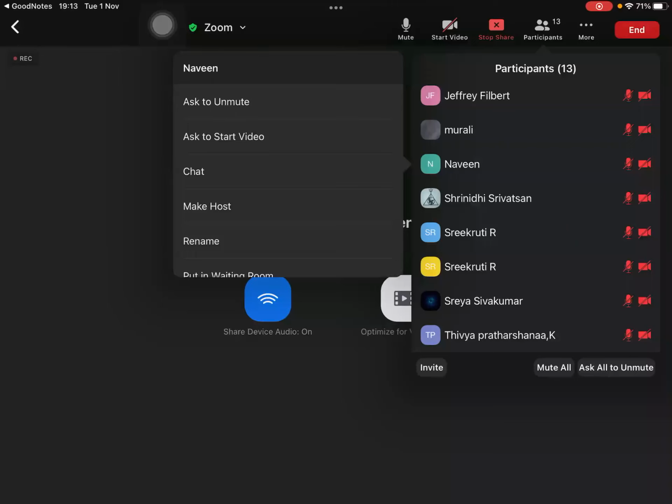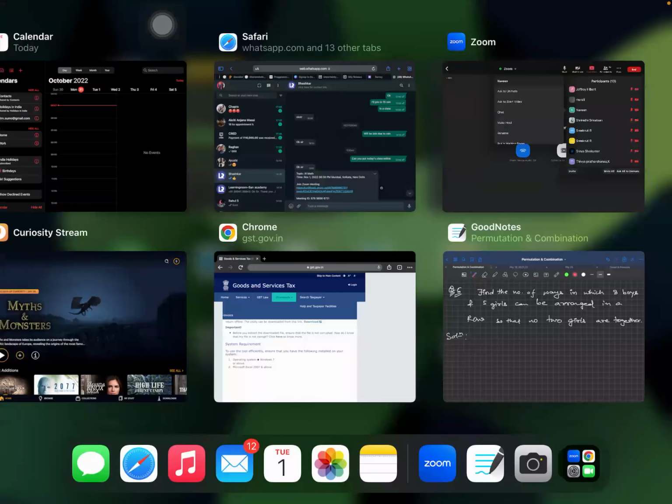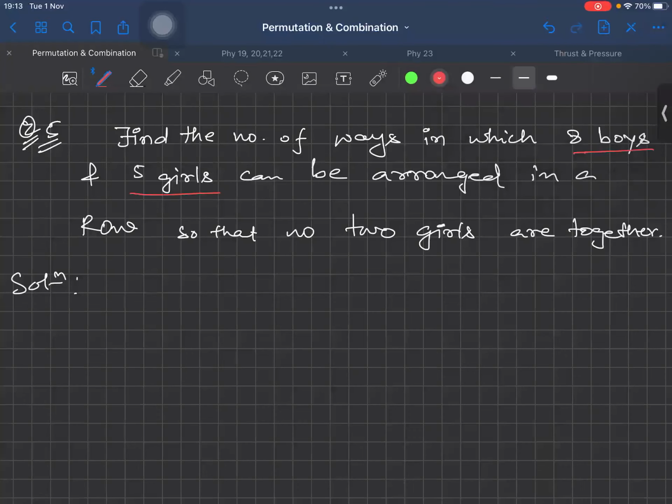So there are 8 boys in the class and 5 girls are there in the class. How can we do that? Say, first find out how many total places. Okay, first do it yourself. Try it yourself.